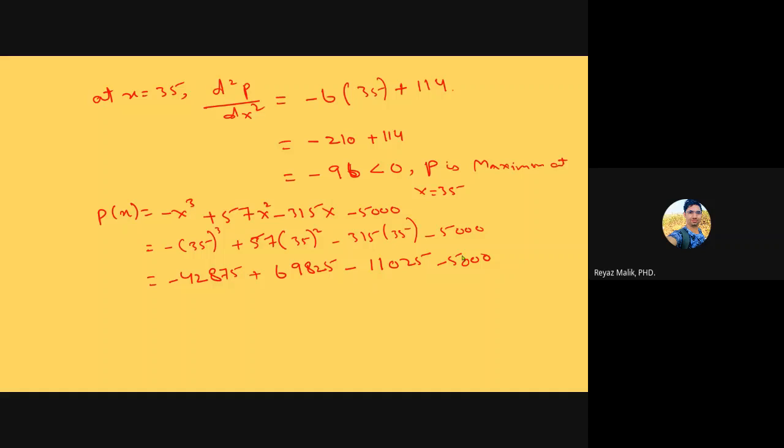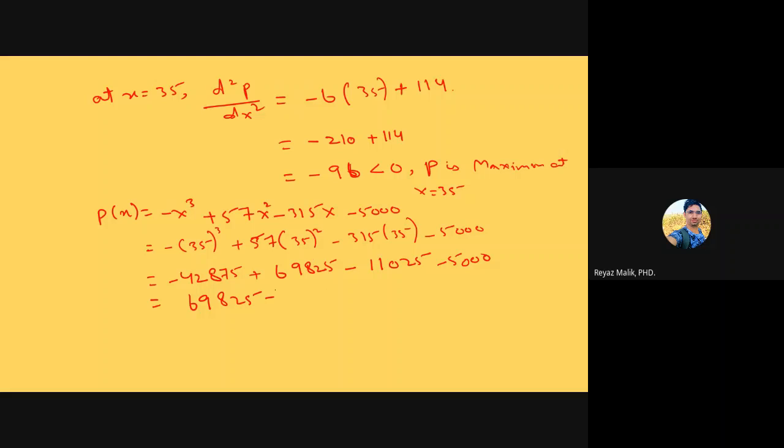Minus 5000, 11025 plus 5000 plus 42,875. So the final will be 69,825 minus all the minus values I have put together.